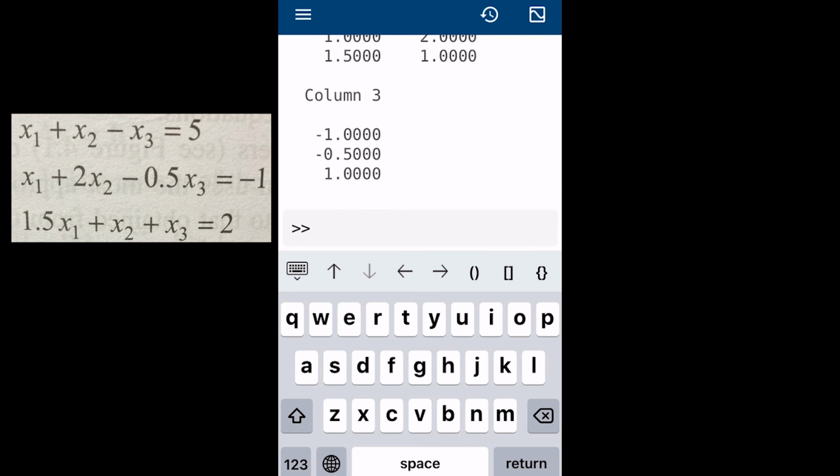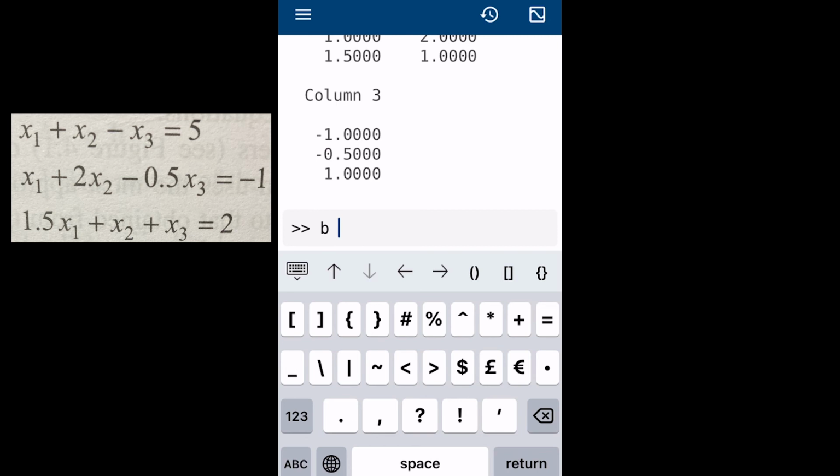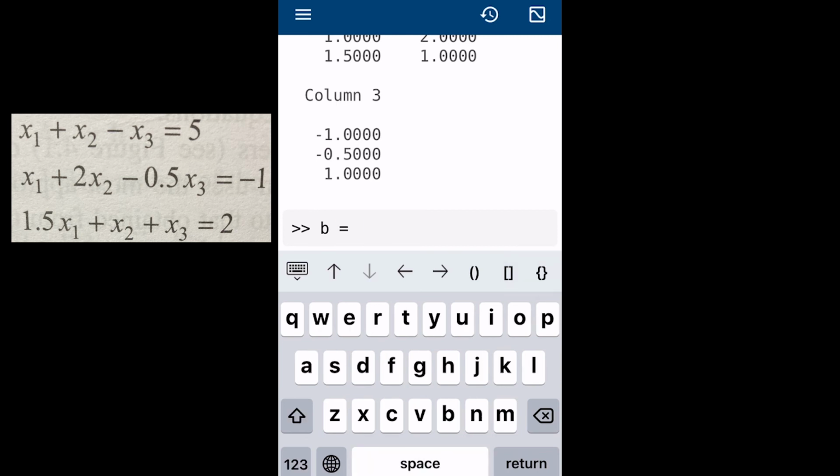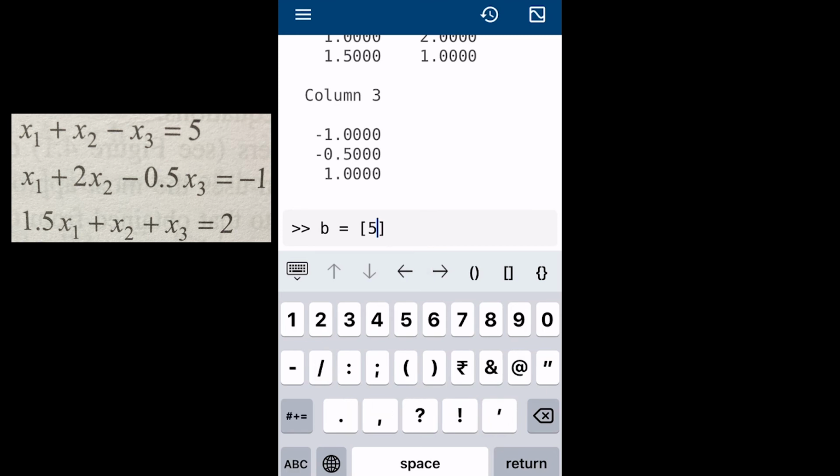The next step is to define the vector B. The values on the right side of the equation are 5, minus 1, 2. You already know you have to define a vector using square brackets. From the first equation, what is on the right hand side? 5, right? Since 5 is from the first equation, it is the first row.